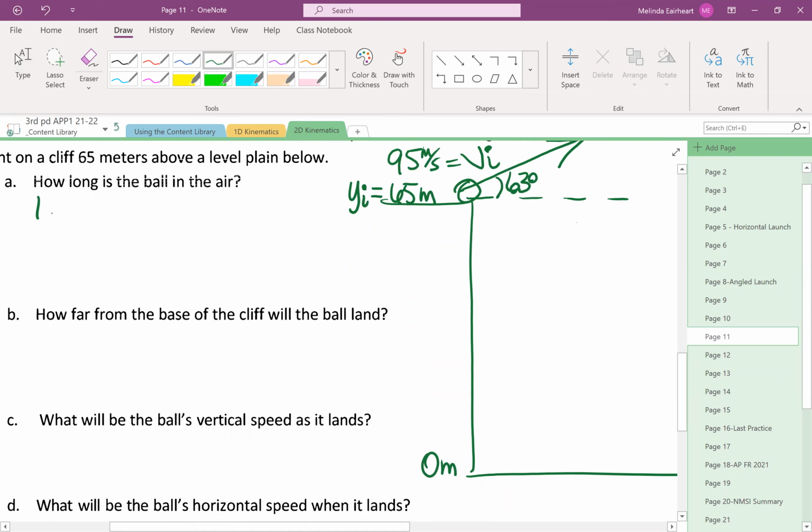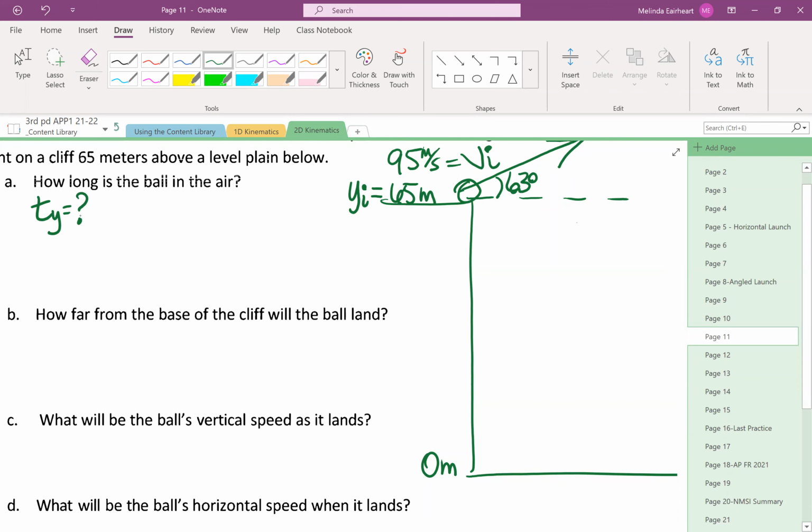time. And time is dependent on which axis. What should your plan A be when solving for time? Horizontal or vertical? The vertical. So we'll start out trying to find time in the vertical. By the way, that's just plan A. You can still calculate time with horizontal, but your plan A, I would always go for the vertical.